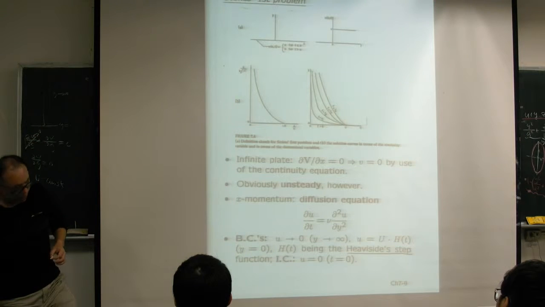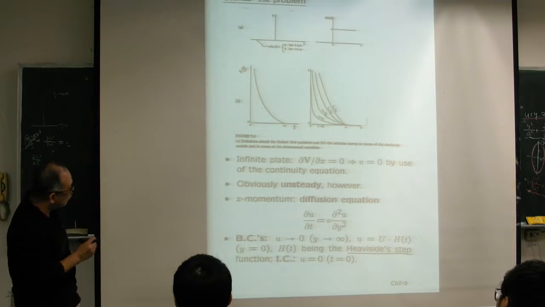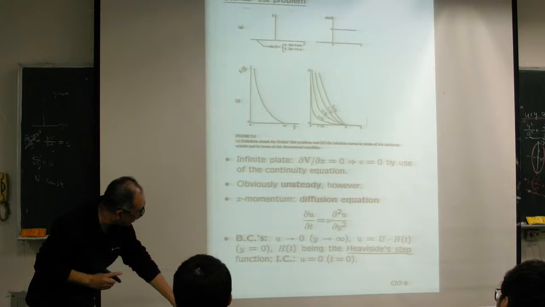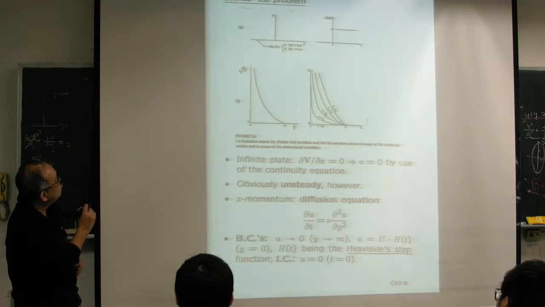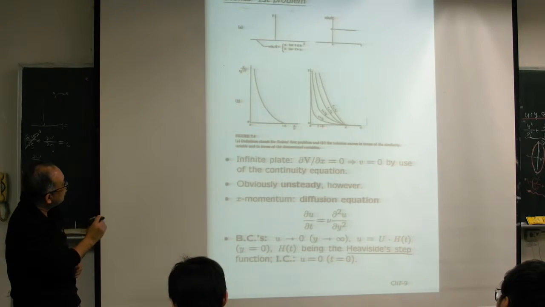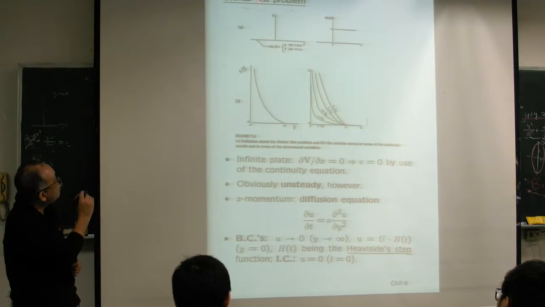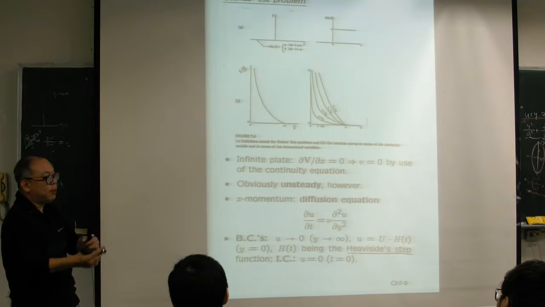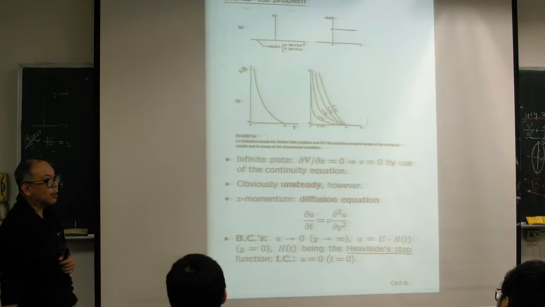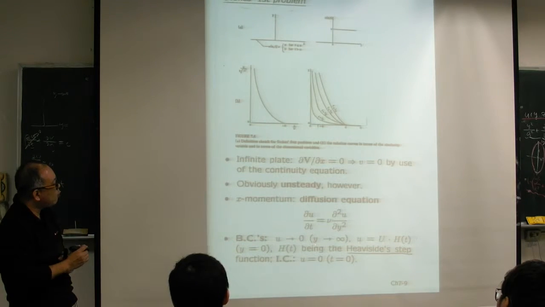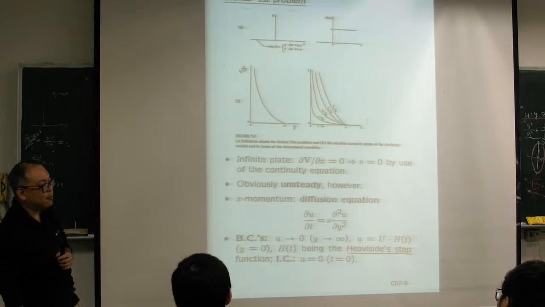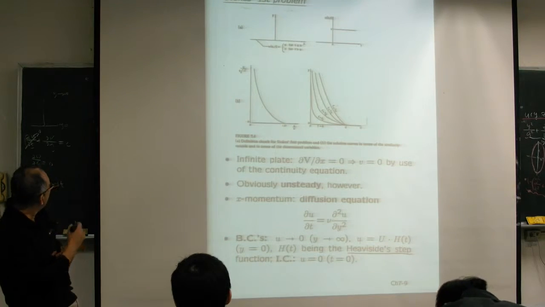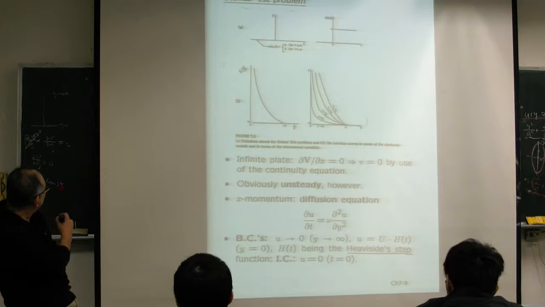Since the only movement is on the surface, far from the surface the velocity should be equal to 0, not disturbed by this movement at all. So when y goes to infinity, our velocity should disappear. That is physical.